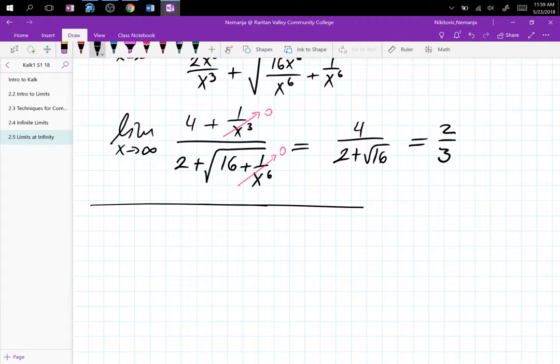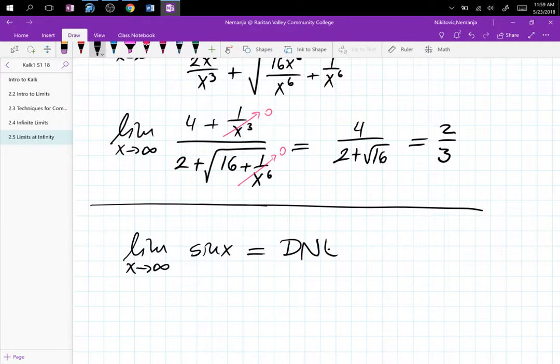And just, you know, because we can, limit x goes to infinity of sine x does not exist, to see one of those as well. It oscillates between -1 and 1, goes as a sine wave forever. So that would be one of the cases when you have does not exist. It has to oscillate like so.